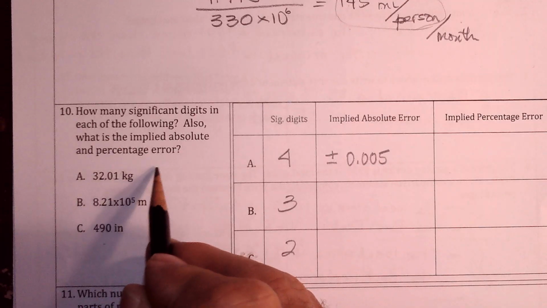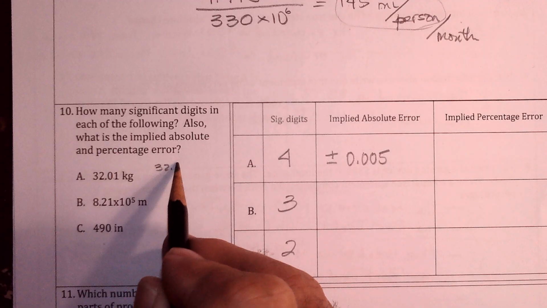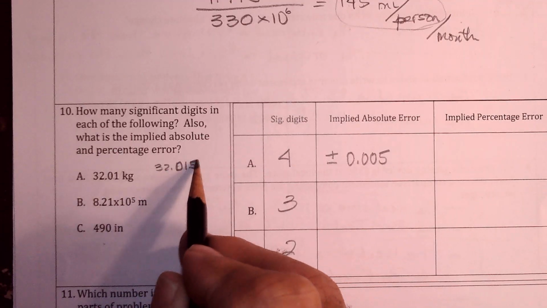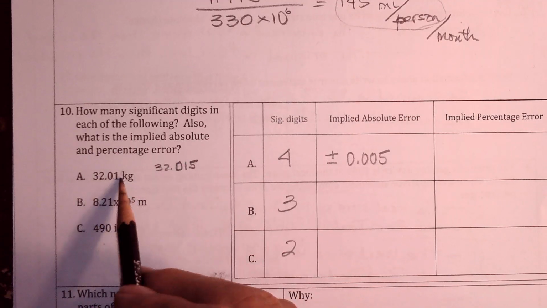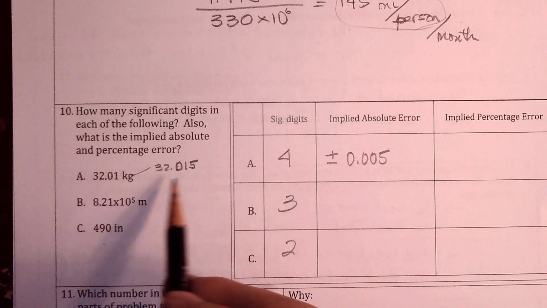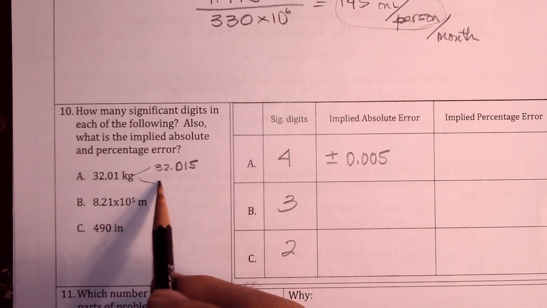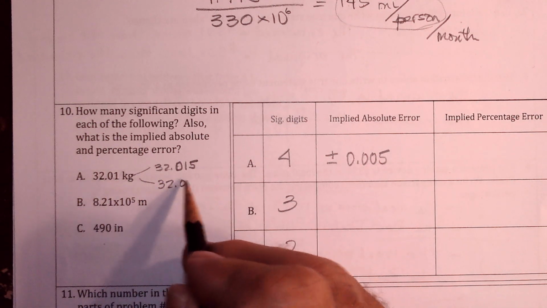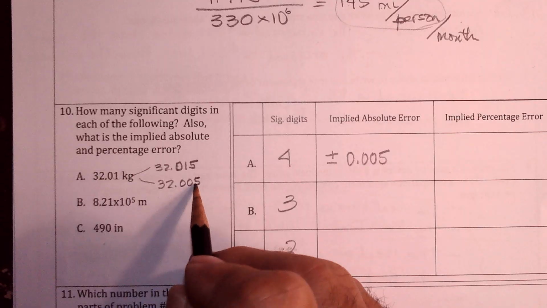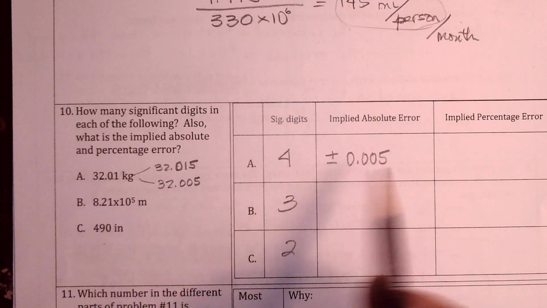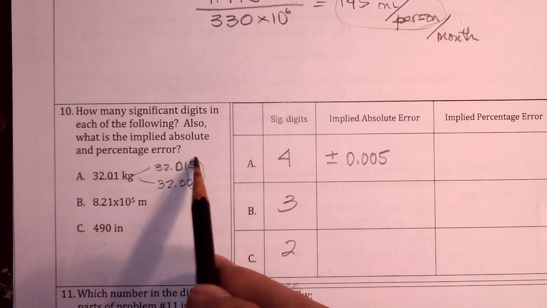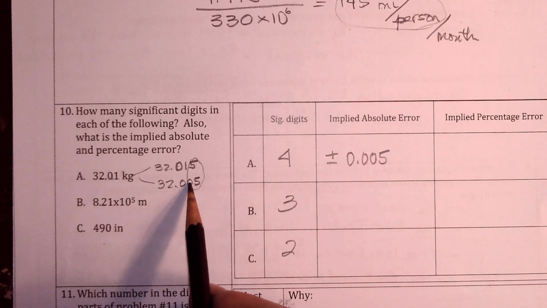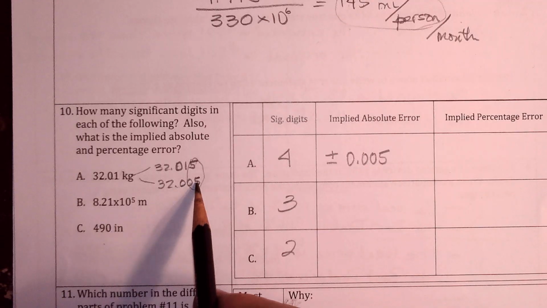What I'm saying, in case you don't get that, 32.015 could round down to this. This is right on the edge of the borderline. And 32.005 could round up to this. So it's plus or minus 5 in this position, not tenths, hundreds, but the thousands.